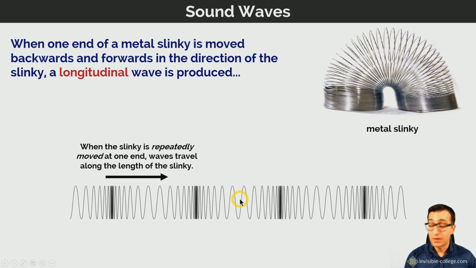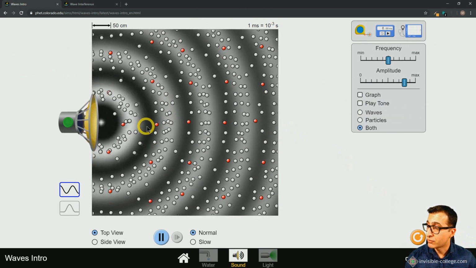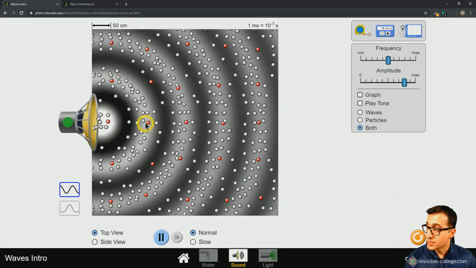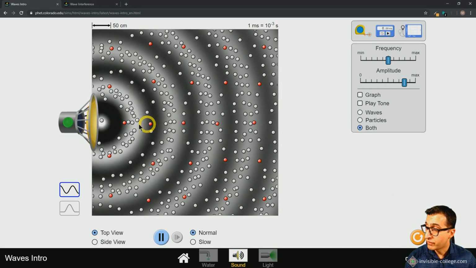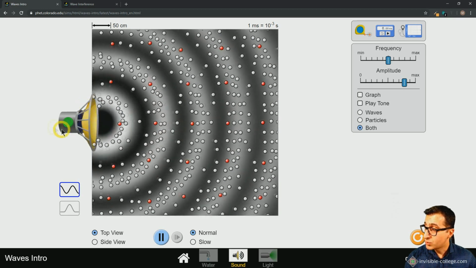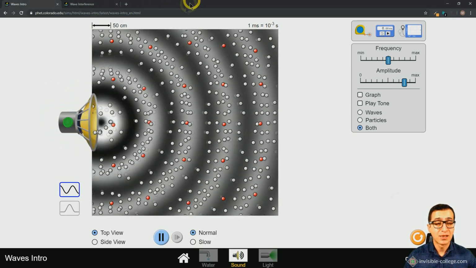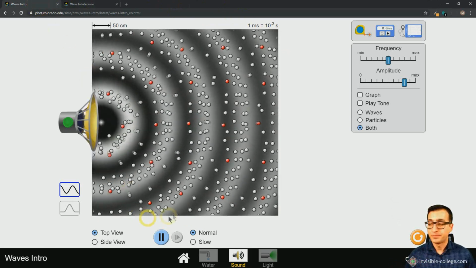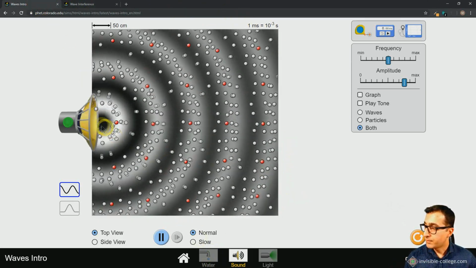In this case, each coil of the slinky represents one of the molecules of the air or whatever other physical medium the sound wave is travelling through. So, for example, each coil of the slinky would represent one of these particles, where the particles are moving backwards and forwards. This loudspeaker is represented by the end of the slinky, which is being vibrated backwards and forwards.